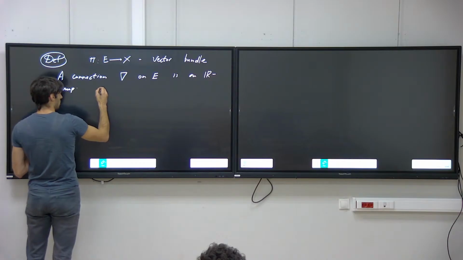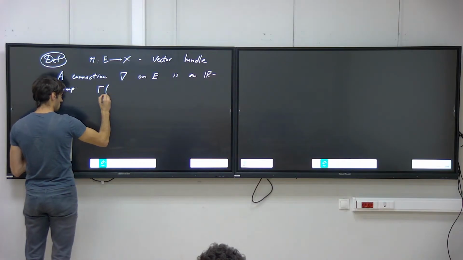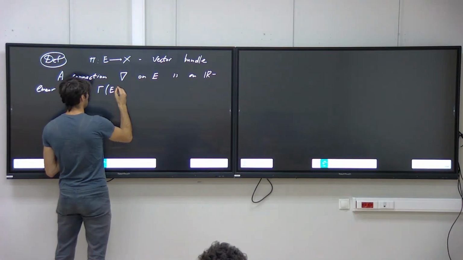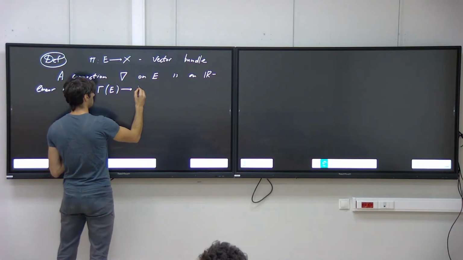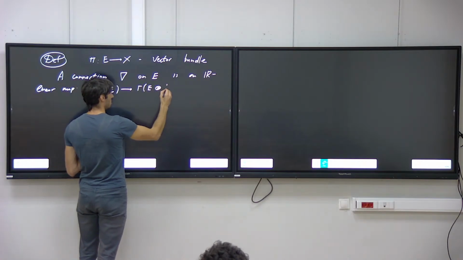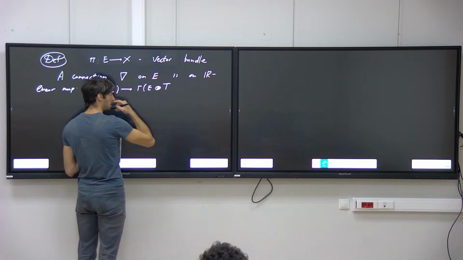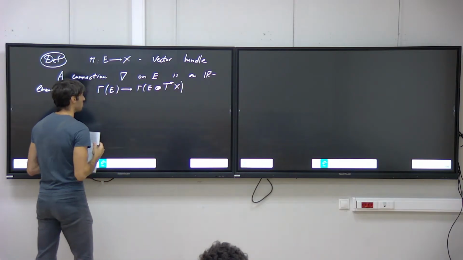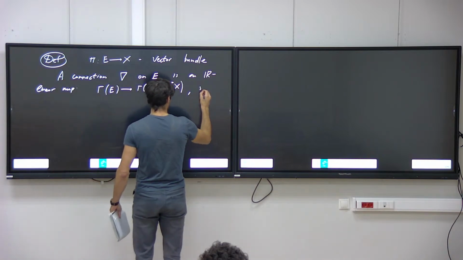From where to where? From sections of E to sections of E tensor the cotangent bundle on X, satisfying the following properties.